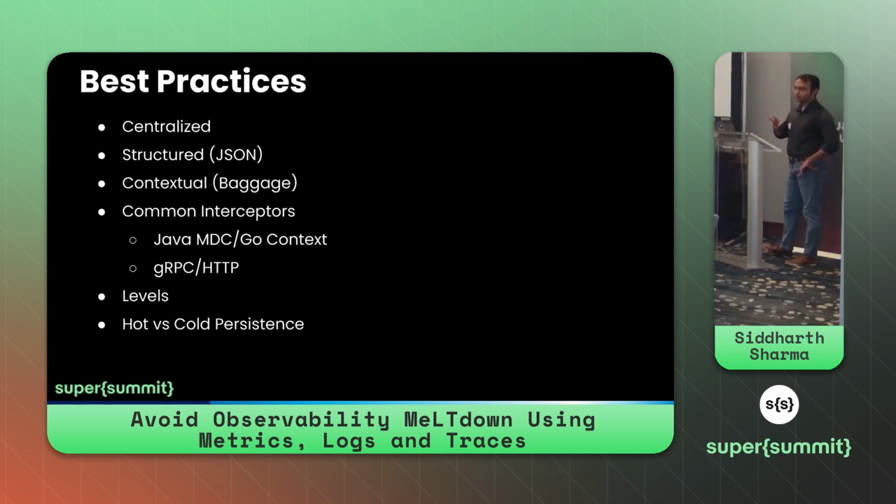The third is that logs without context do not make sense. If you are emitting logs, it is always recommended that you emit some context at the infrastructure level, plus your application level. Every log should have some baggage which says this is the host, this is the environment, this is the pod, this is the container, plus this is my application user ID, this is my organization ID, this is my client ID.